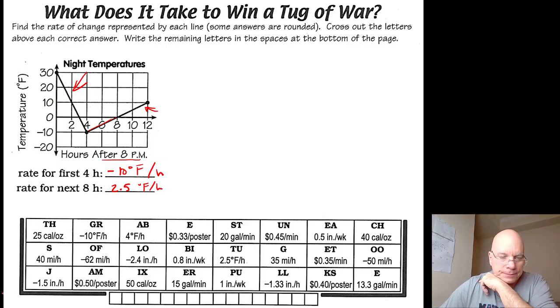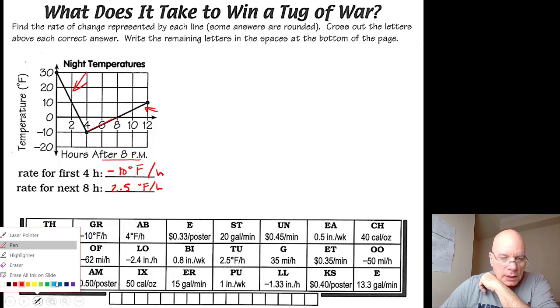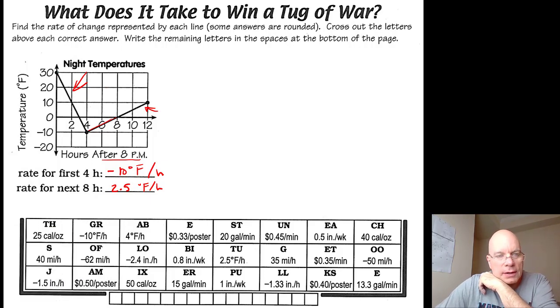If we were calculating this for this first line segment, I would use these 2 points. So I'll label this line segment A and this line segment B.